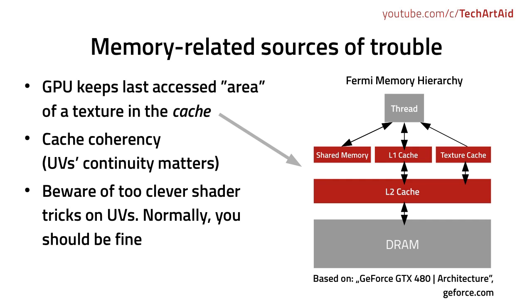I know that some clever shader tricks can, for example, jump on the UVs for some noisy effects or something like that, but use it sparingly, keep that in mind, because this is not what GPU expects and it can waste the cache. But normally, with standard art and materials, you should be fine by default.